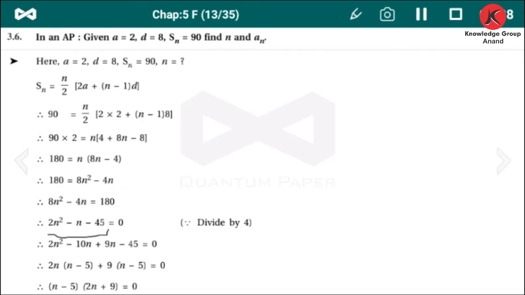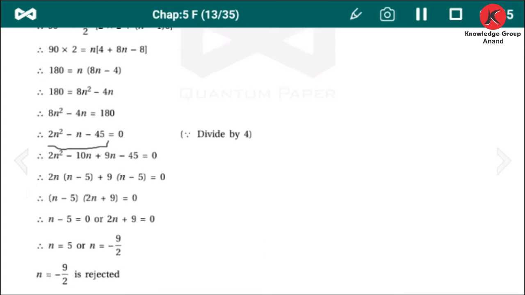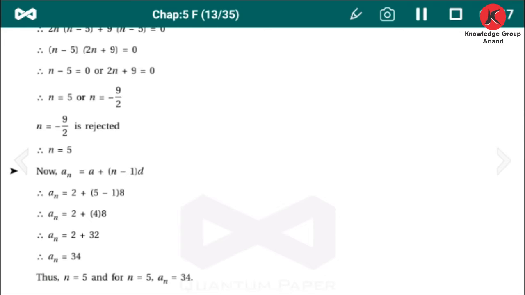So we get n is equal to 5, and using an is equal to a plus n minus 1 into d, we get an is equal to 34.